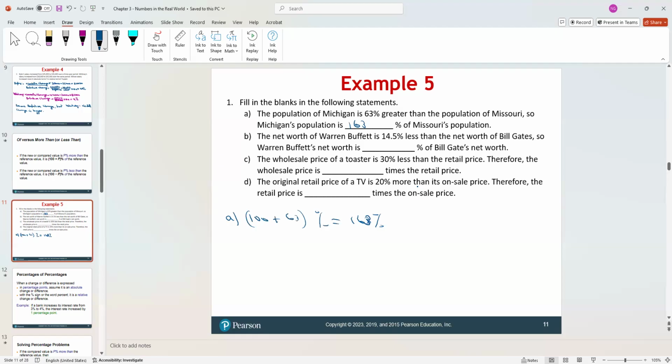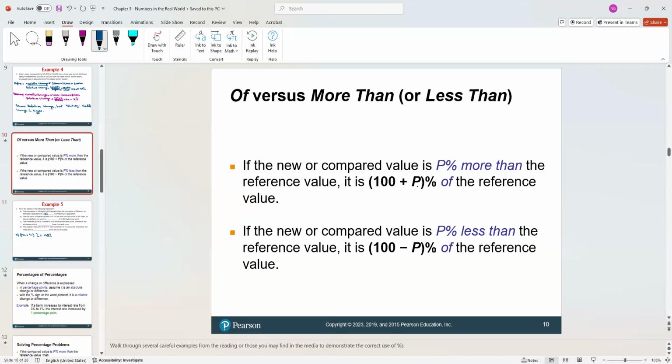Very important. We can do B. I'm going to do B also. We said the net worth of Warren Buffett is 14.5% less than the net worth of Bill Gates. Remember, if it says less than, you need to subtract.